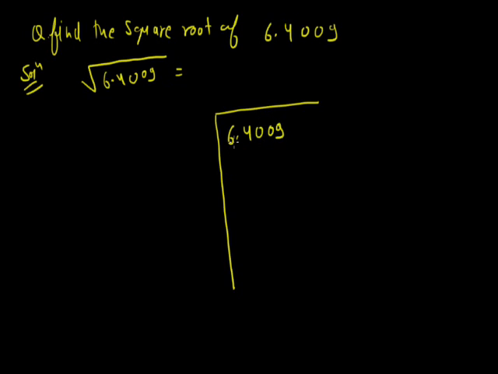6.4009. Now we have to make the pairs of 2. Now this is the decimal point. From the decimal point, the digits on the right hand side, we have to make pairs of 2. We start from the decimal point and go to the right side and make pairs of 2. First 40, then 09. So these are the pairs.